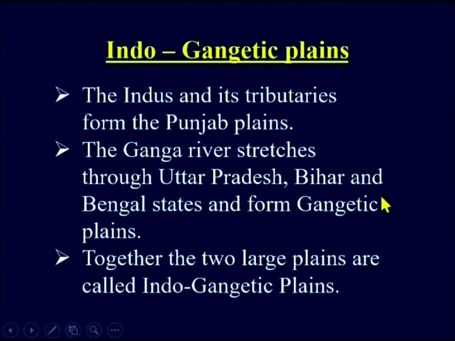So the Indus river and its tributaries submerge the Punjab region, and the Ganga river submerges Uttar Pradesh, Bihar and Bengal. Together, these two plains are called the Indo-Gangetic plains.